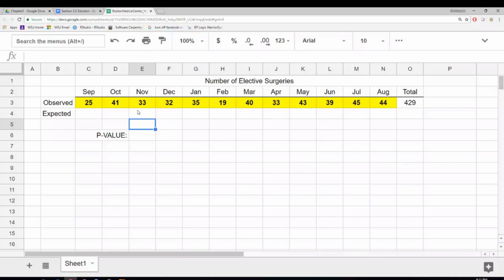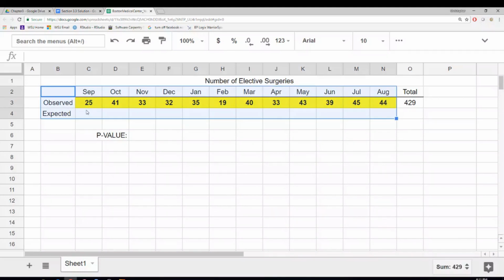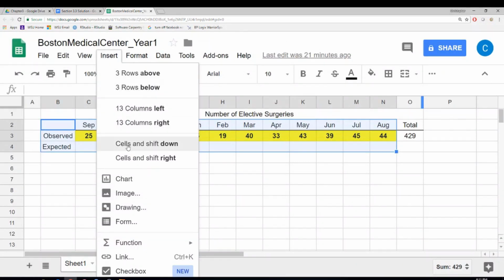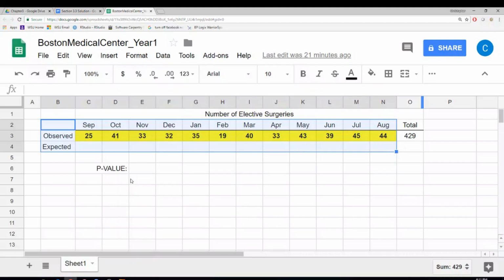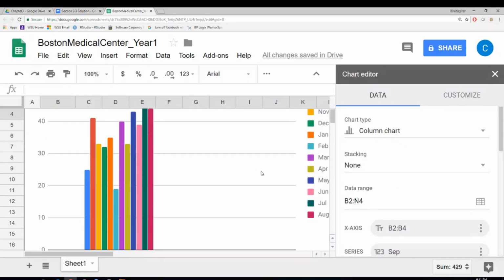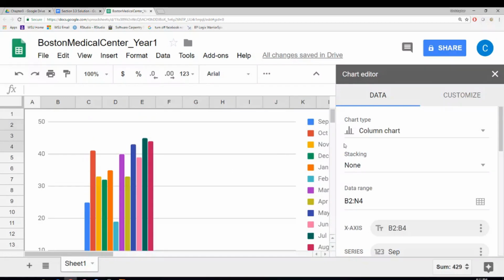So let me show you how to create that segmented bar graph. What you're going to want to do is highlight all of the different months and then the observed counts. And then we're going to go under, I think it's Insert Chart. And the first graph that pops up is not what we're looking for.